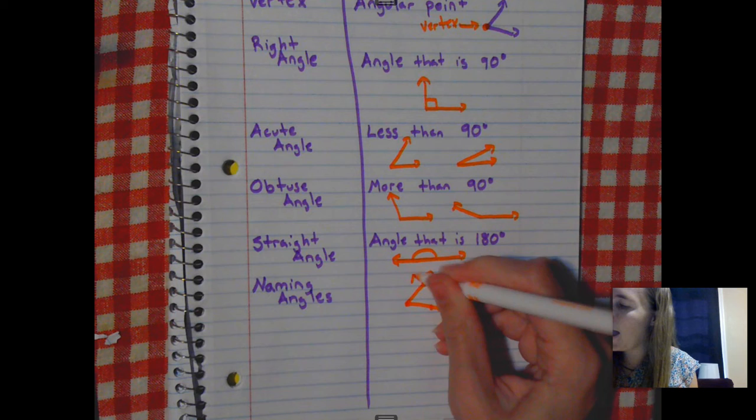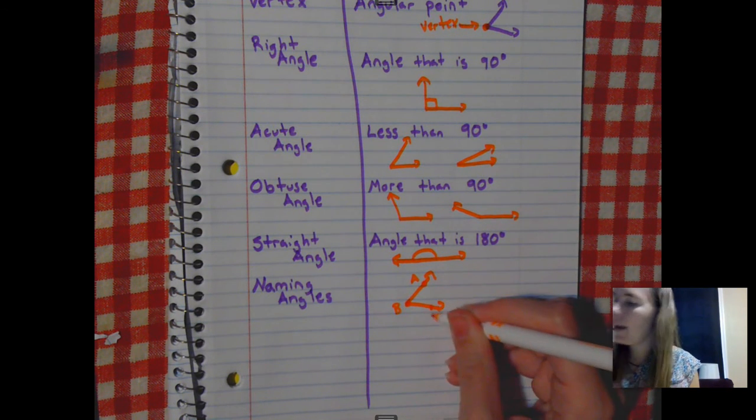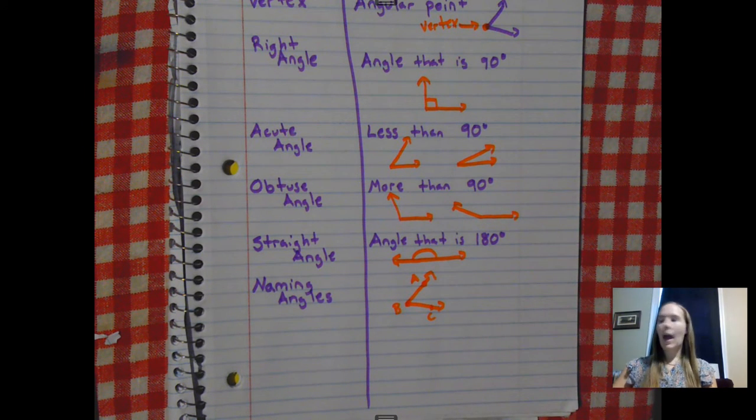It has points A, B, and C. And I want to talk about this angle, but I can't just say you'll miss that angle on that paper, because I'm not going to know what you're talking about. So this angle, we can name it different things.